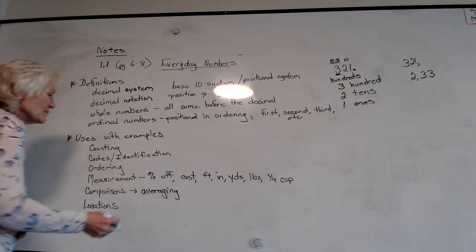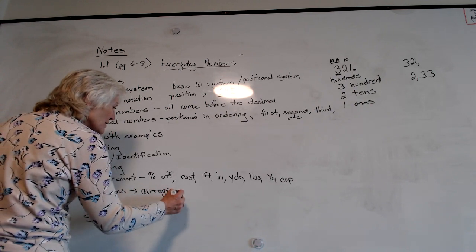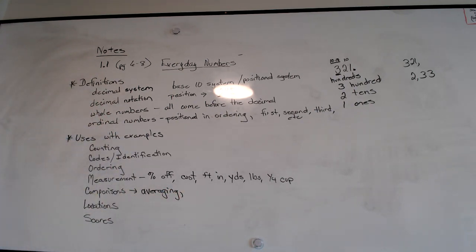So averaging is one. What's another way of comparing? What might we say? I think there's an example in the book. What was the example in the book of comparisons? Yeah. The team scored 4 times as many runs as the Cougars.